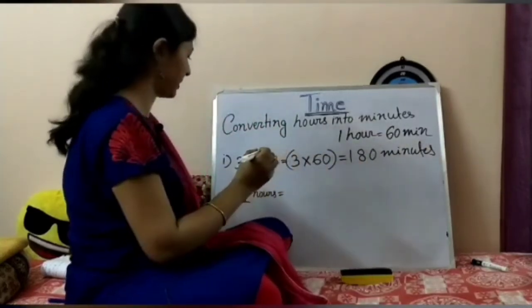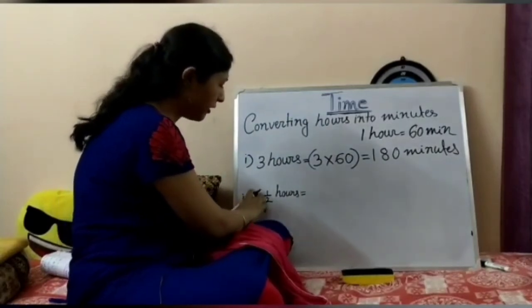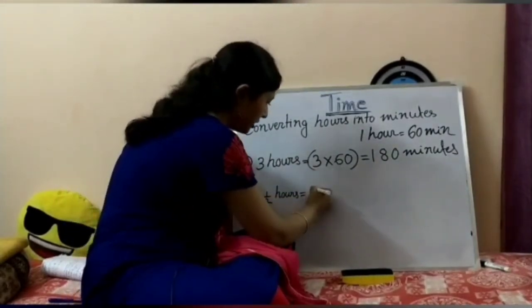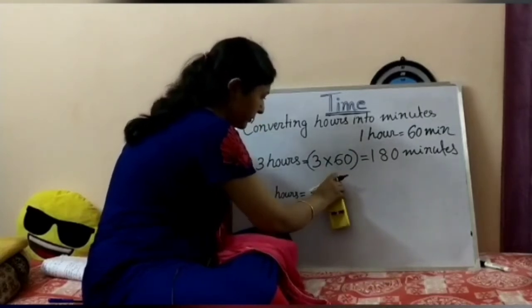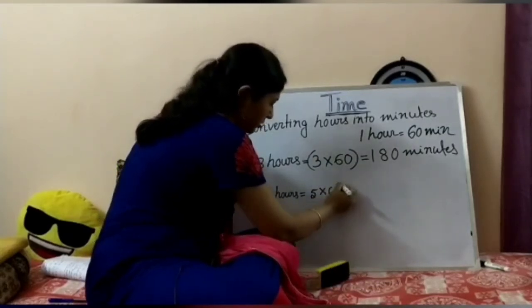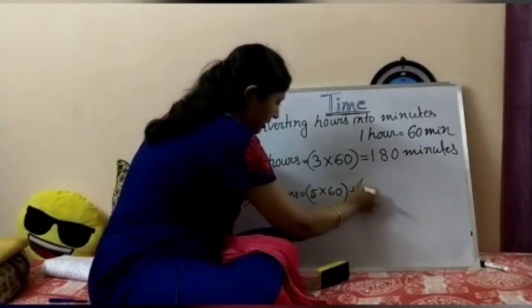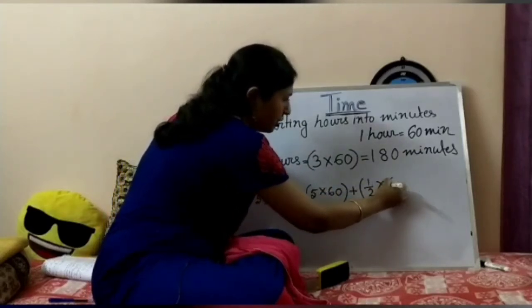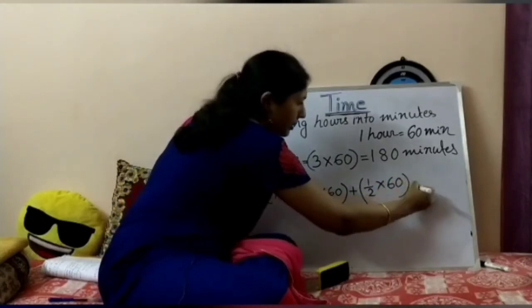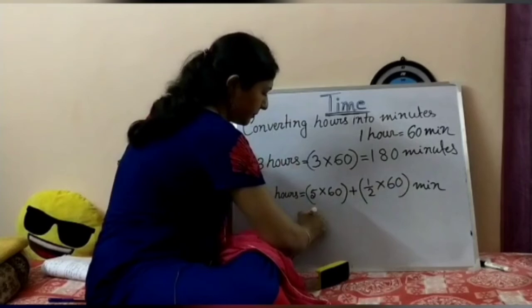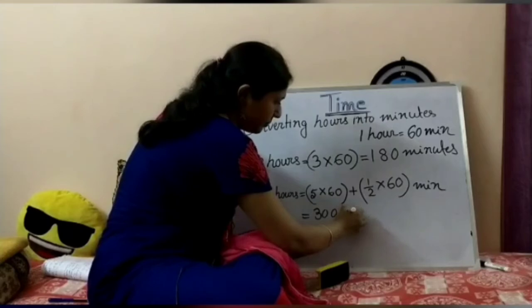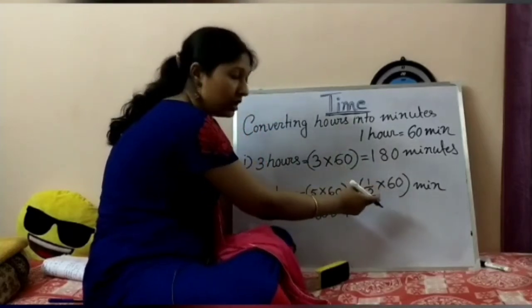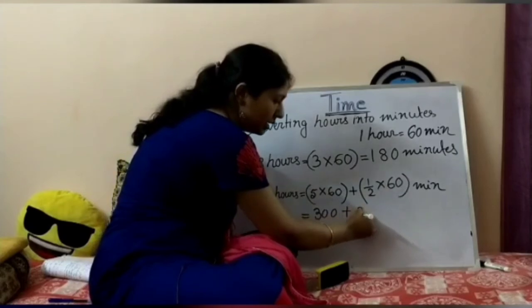Here I took 5.5 hours. How will write? Plus half into 60, okay, minute. 5 into 60 means 300, plus when we will divide 60 by 2, it will come 30 after division.